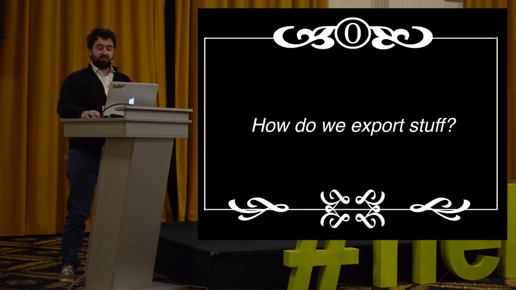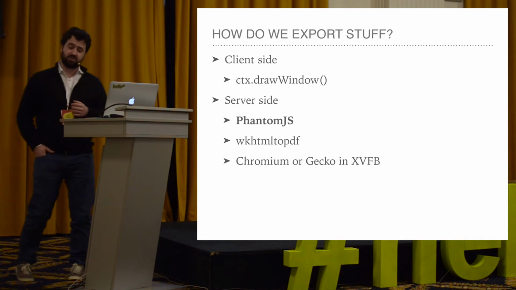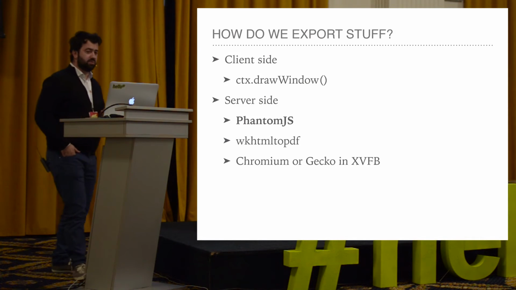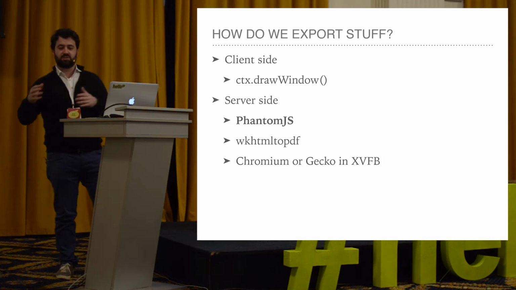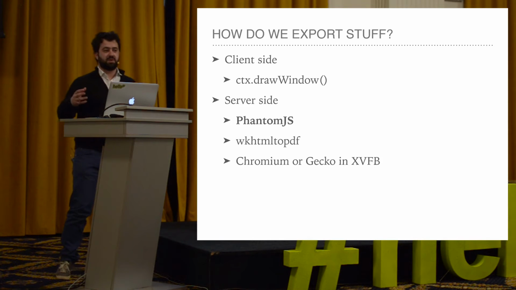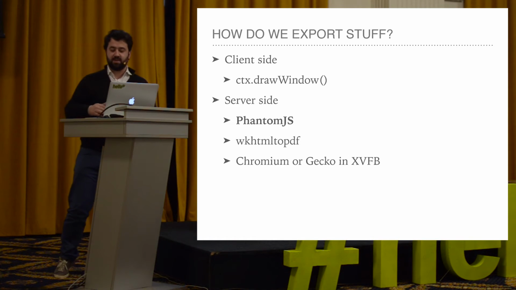Yeah, so back to the past. Another fundamental question we had was, how do we export stuff? Because we wanted people to be able to export SVGs to PNG and vector-based PDFs, which would retain interactivity if you had a hotspot defined.